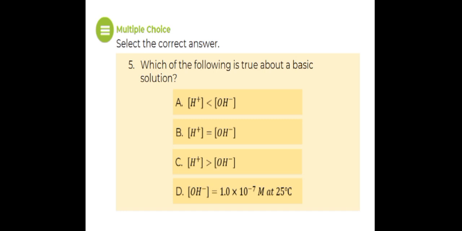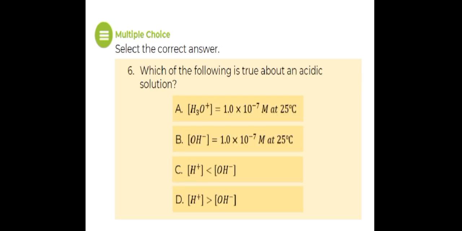Select the best answer. Number 6. Which of the following is true about an acidic solution? Is it A, B, C, or letter D?